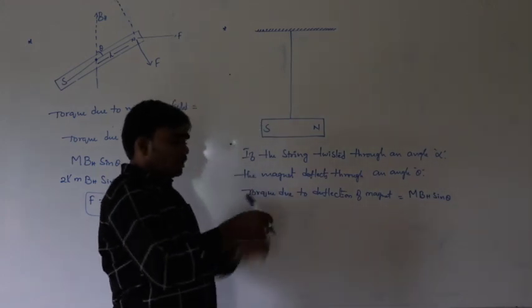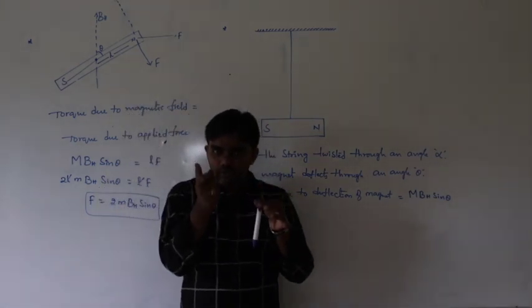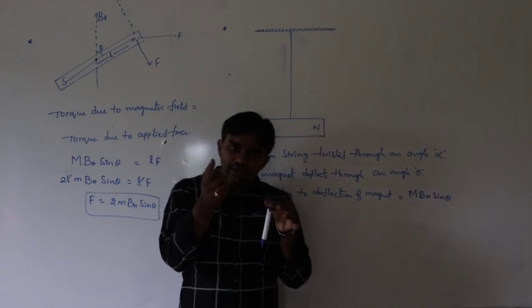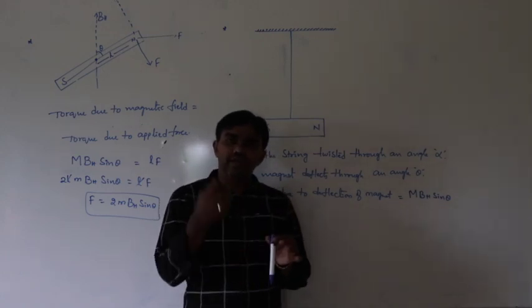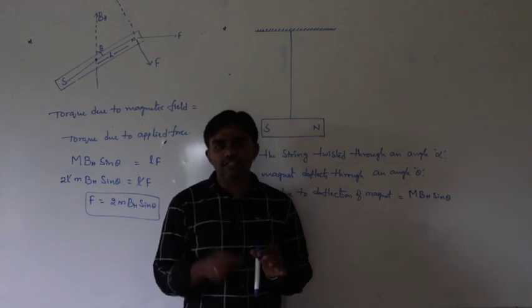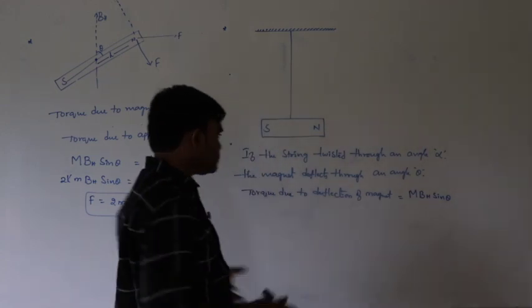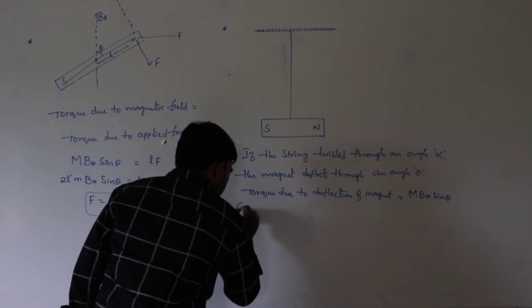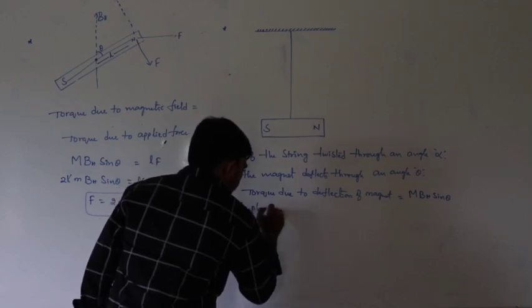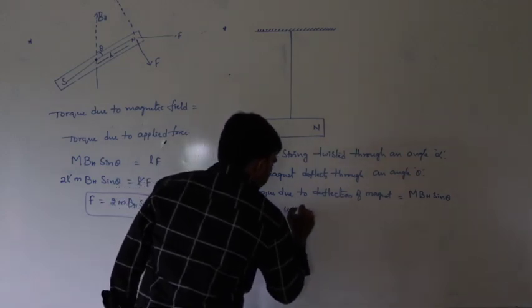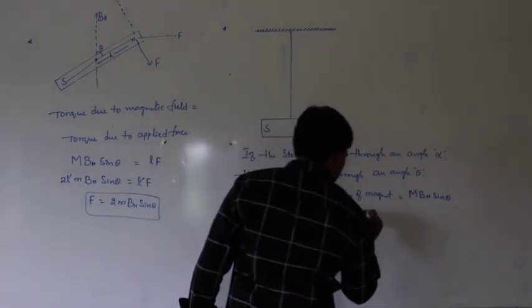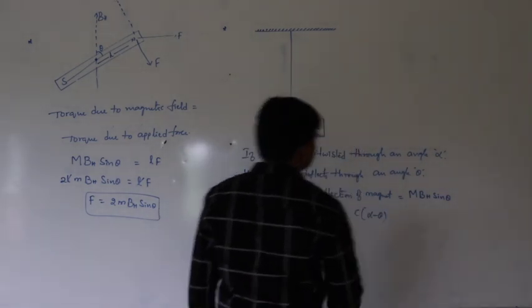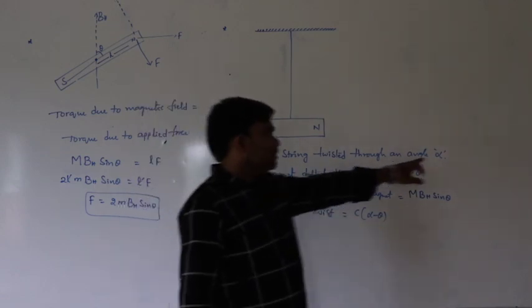Now, if you twist the wire through an angle, again the wire must regain its original position. During this, that is called couple per unit twist. So, that is equal to C into alpha minus theta. How much angle did the wire twist?